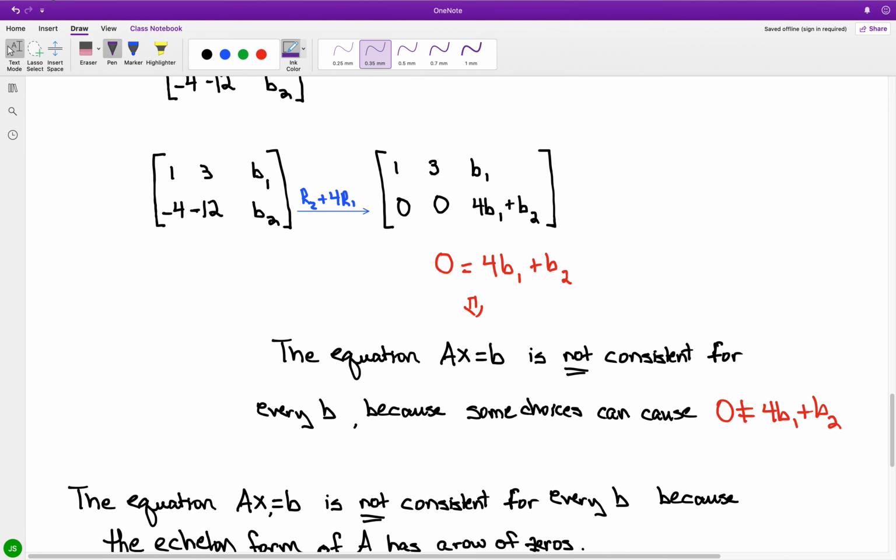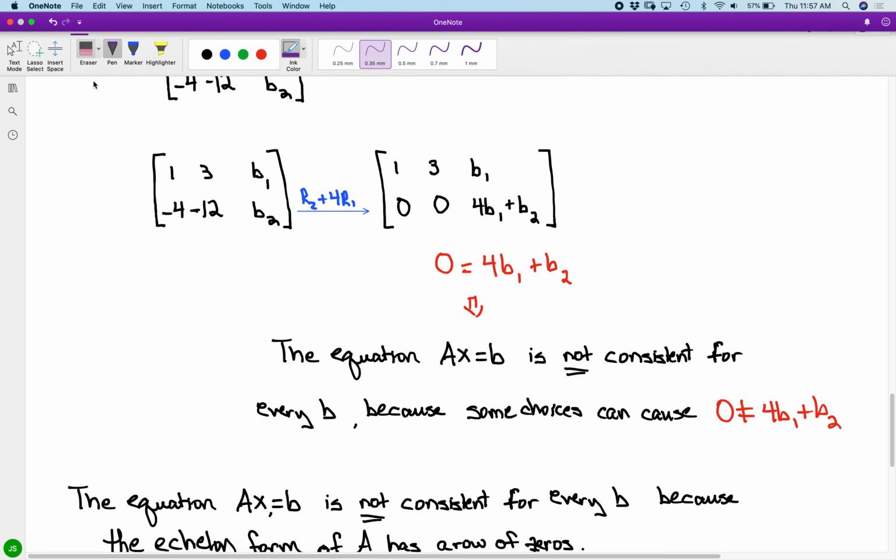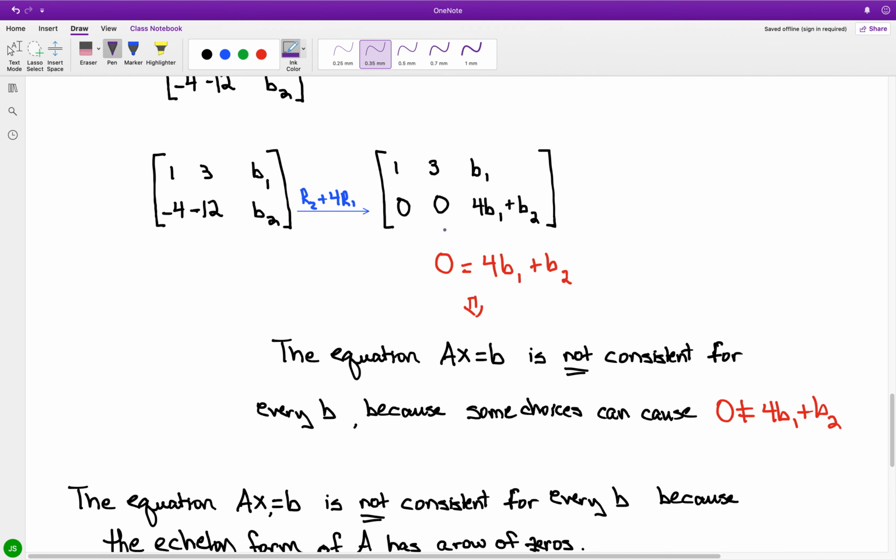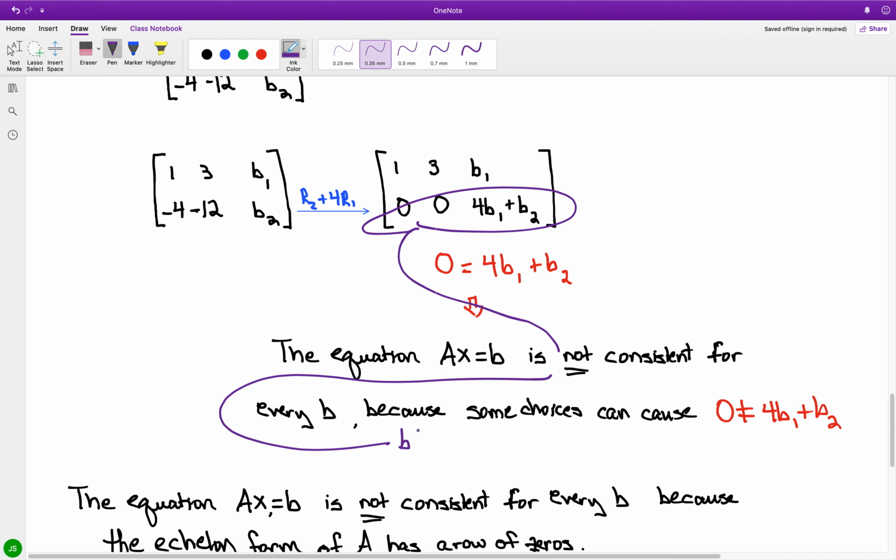And another way of explaining this, and we'll get to the fundamentals in just a moment, it's not consistent also because not every row has a pivot position, and it must.